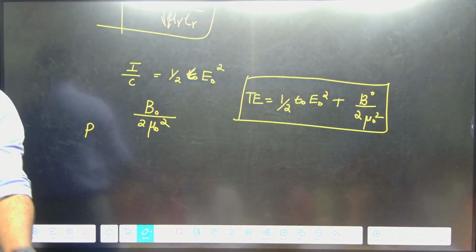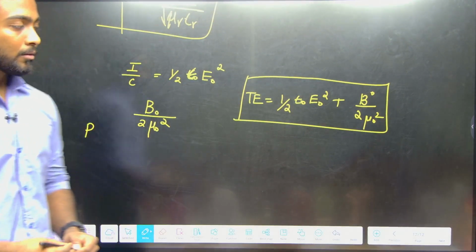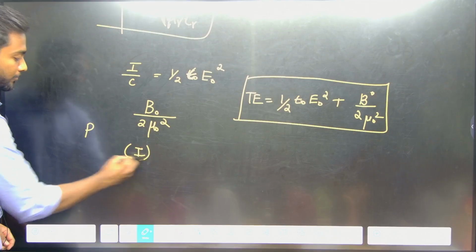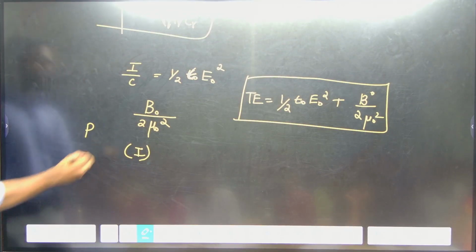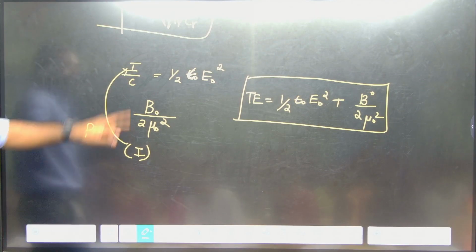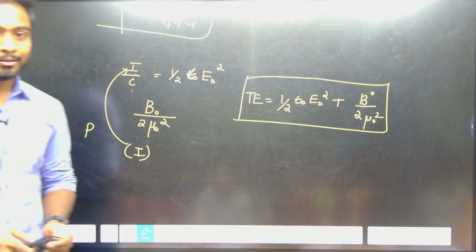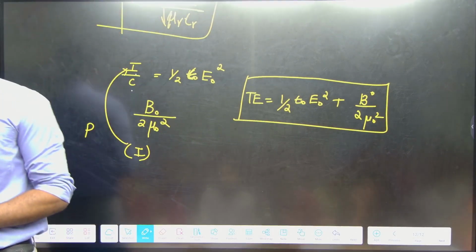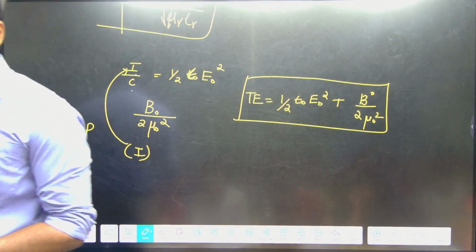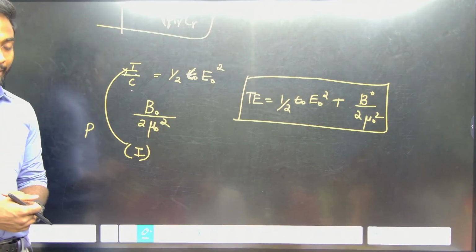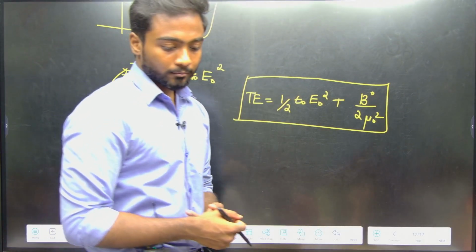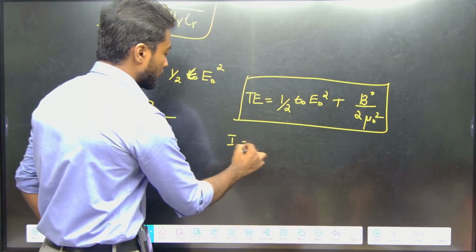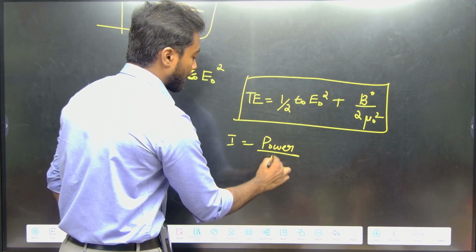Write down the next one, intensity of wave, which is denoted by the letter I. Intensity is nothing but it is the ratio of power with respect to area. So I is equal to power by area.